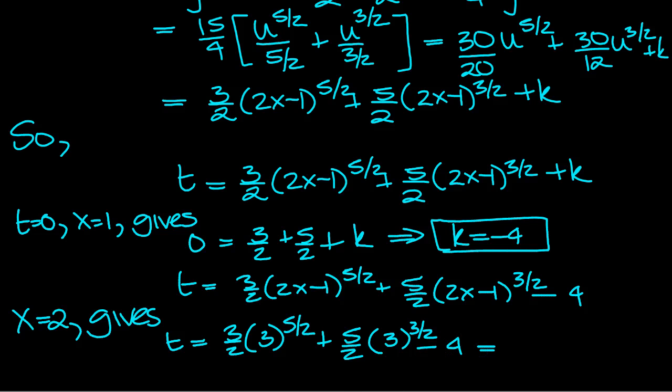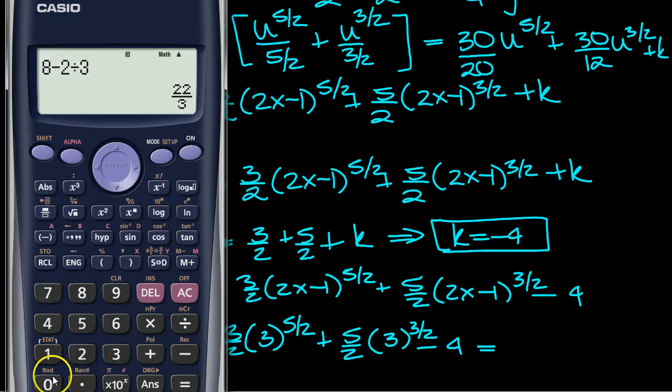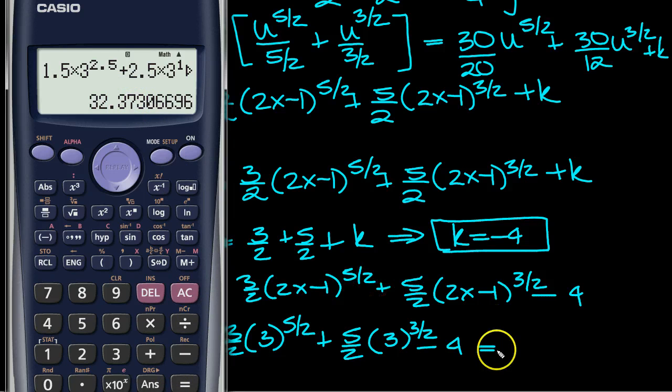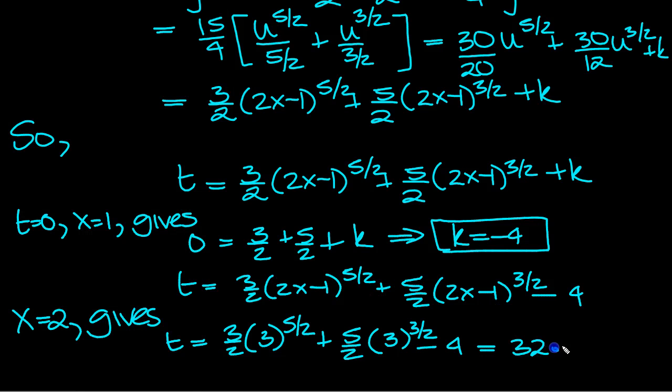So let's just tap that in the calculator then. 3 over 2, which is 1.5, times 3 to the power 5 over 2, which is 2.5, plus 5 over 2, which is 2.5, times 3 to the power 3 over 2, which is 1.5, minus 4, equals, and it's to the nearest 0.1, so it's 32.4.